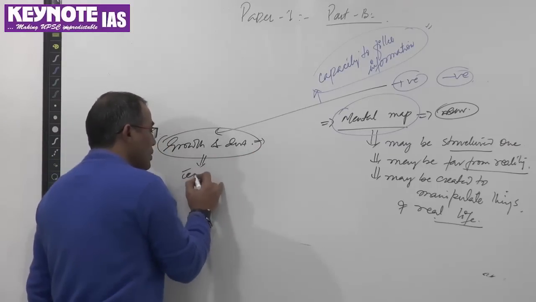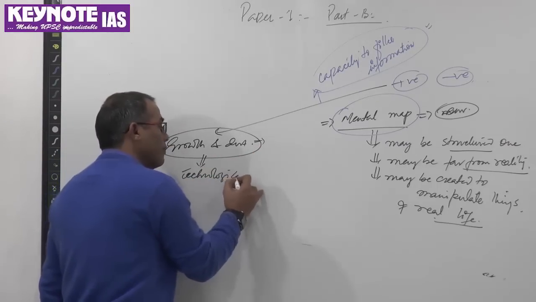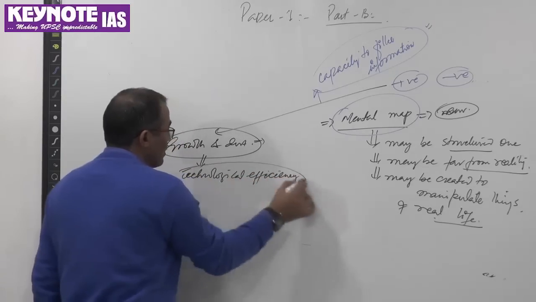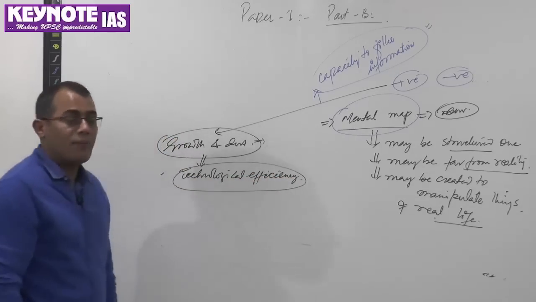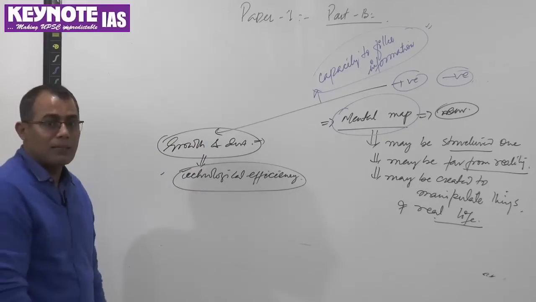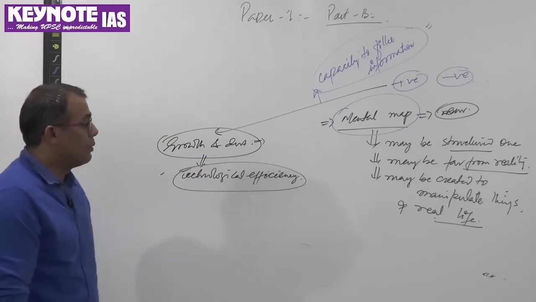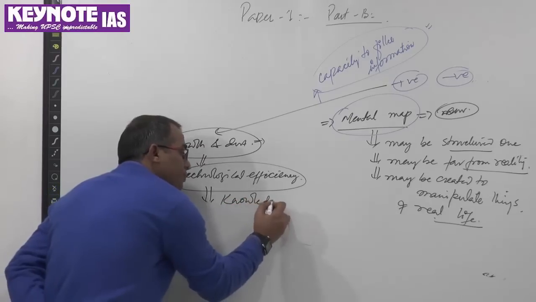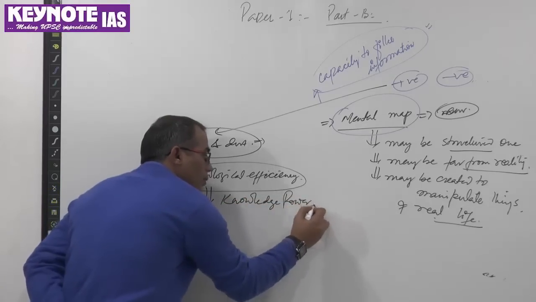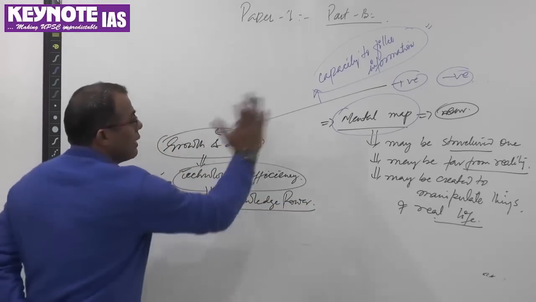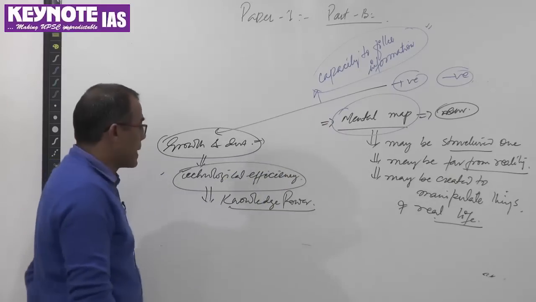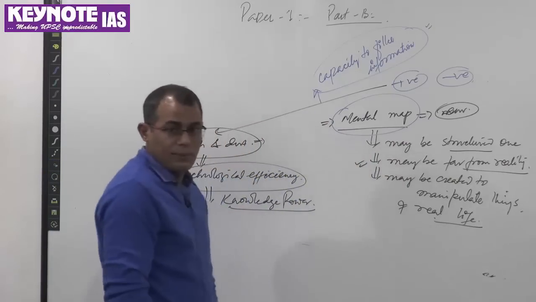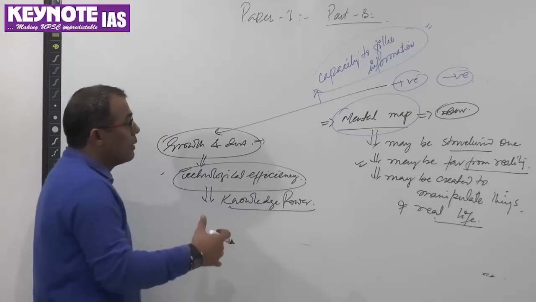Then if you see technological efficiency, most of the world's discoverers and those who have invented instruments, but are being utilized by several other societies, that has improved technological efficiency, that has improved knowledge power, right?